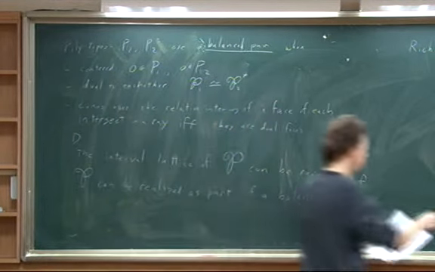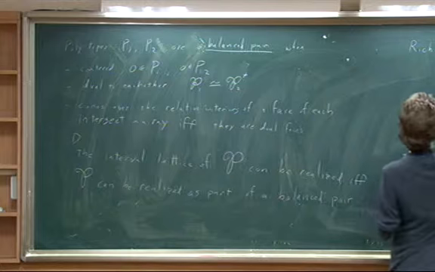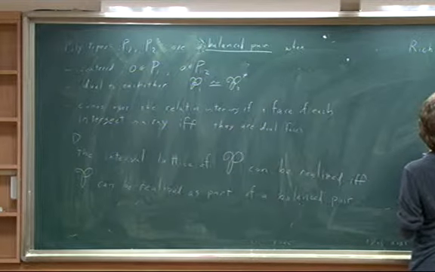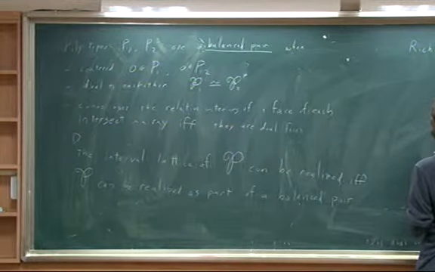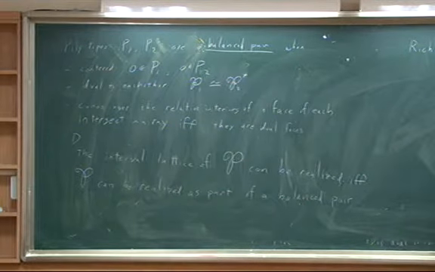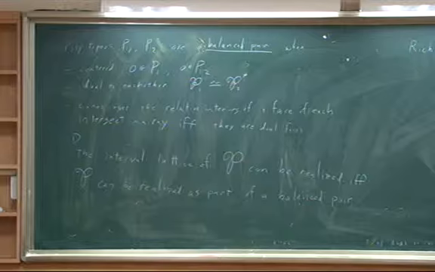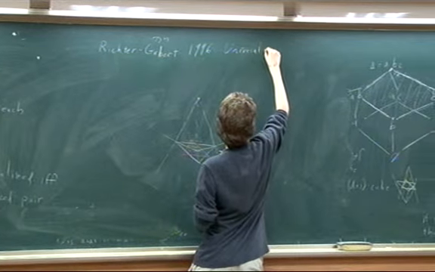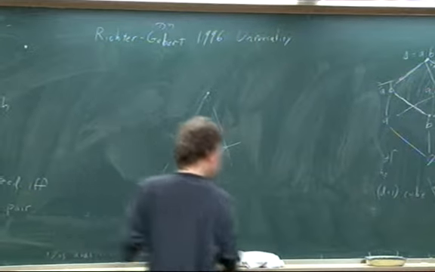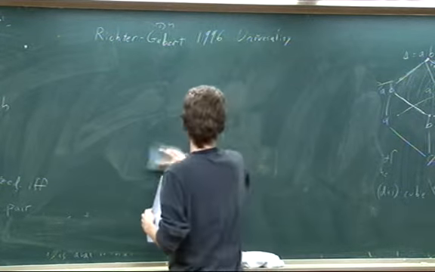So let's get back to this. So Richter-Gebert, I think 1996. Is that right? This is the universality theorem for polytopes.